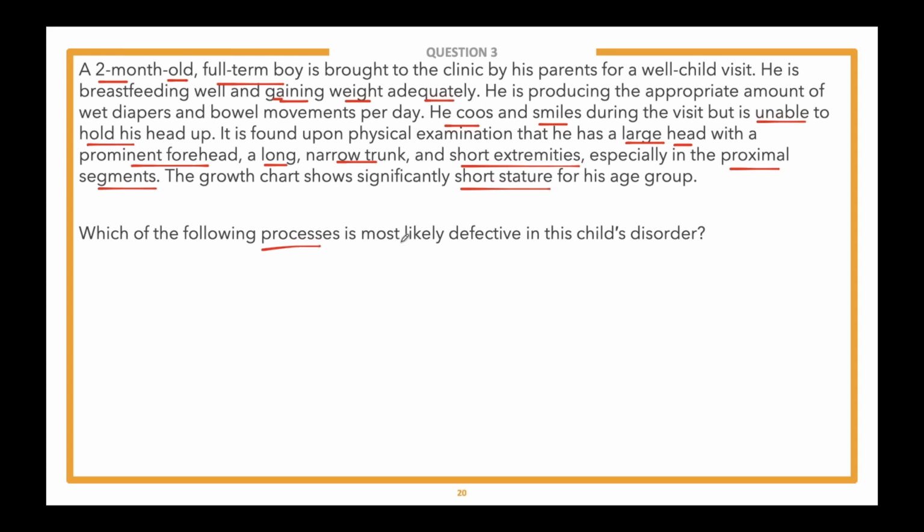So now the lead-in: which process is likely defective in this child's disorder? So how many steps do we think this question is? Well, one, I think we need to figure out what this child's disorder is. And then two, what process is defective in that disorder? So probably a 2-step question.